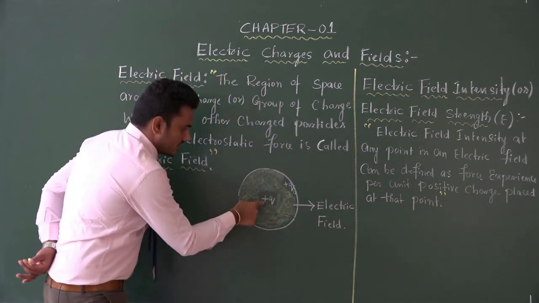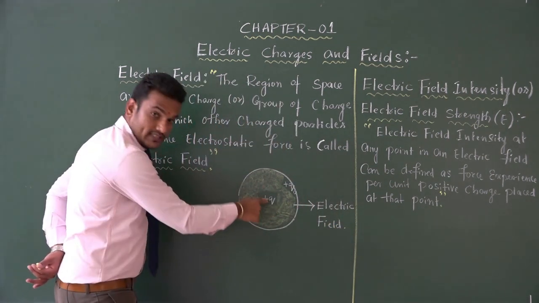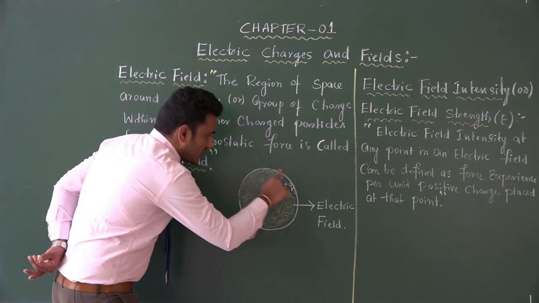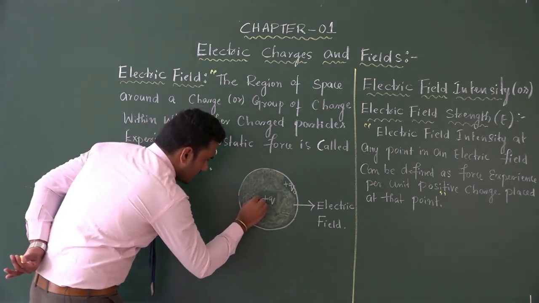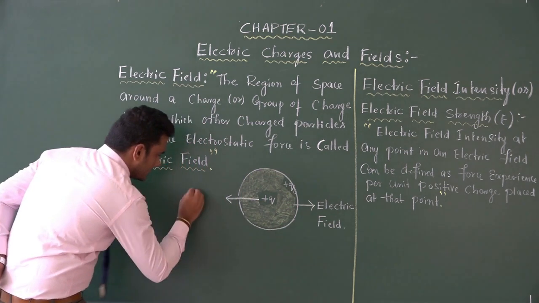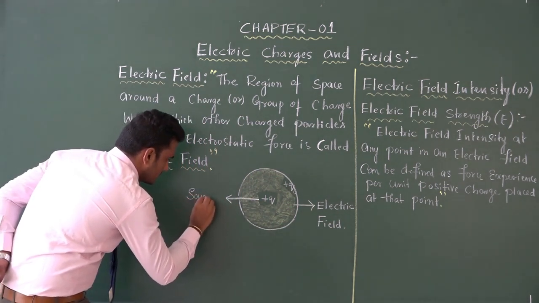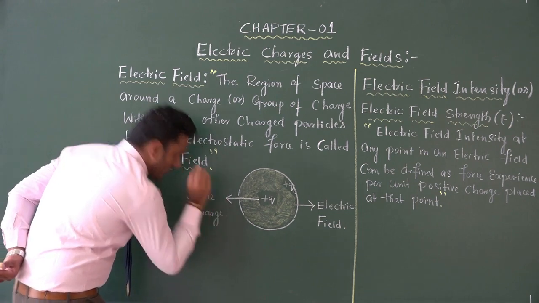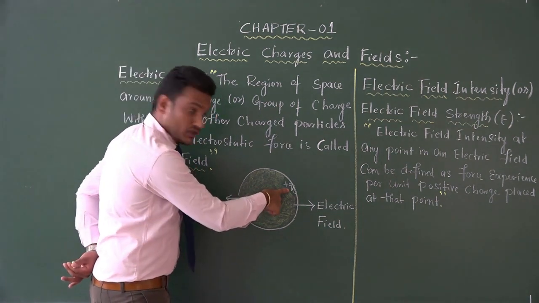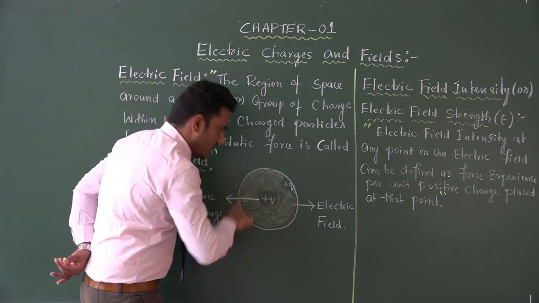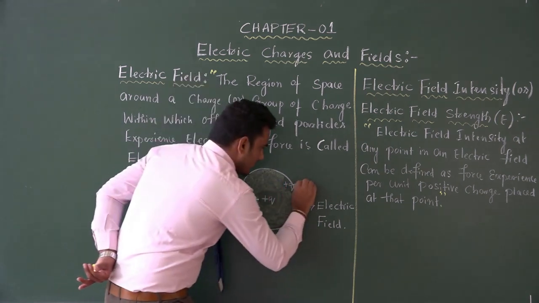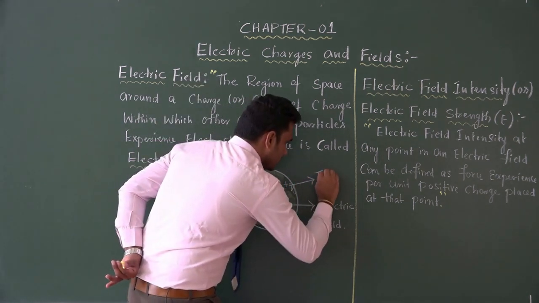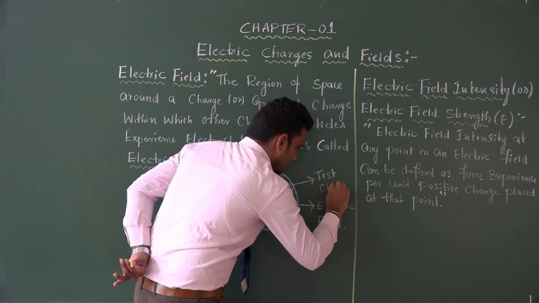The positive point charge I considered is producing an electric field around it. This point charge is called the source charge. And what we brought to check the electric field around the charge is called the test charge.